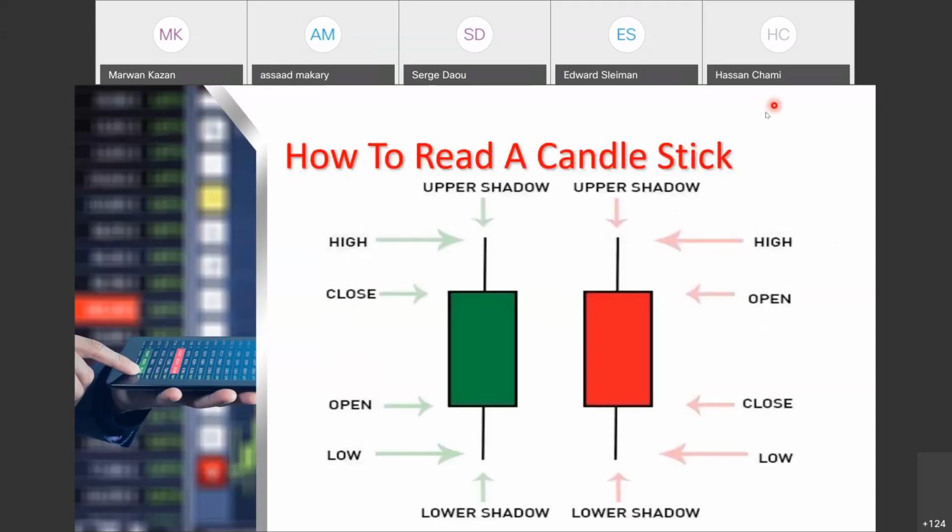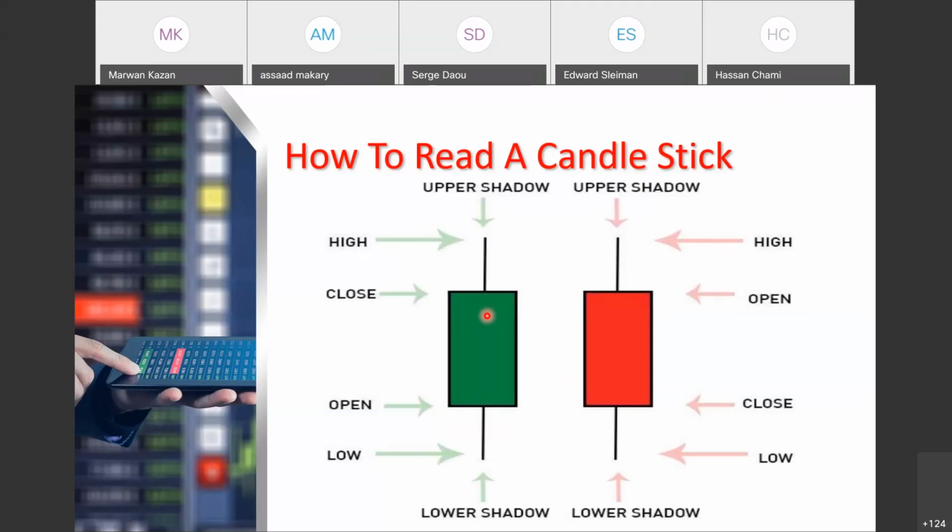Basically, as you saw, these two are the candles. On the chart you saw red candles and green candles. So how do we read these? First of all, each candle represents a certain period of time.